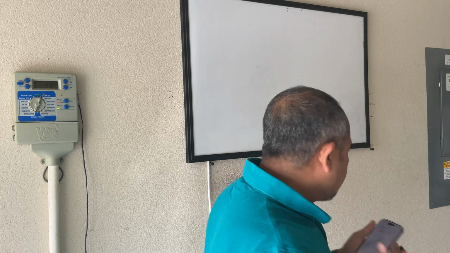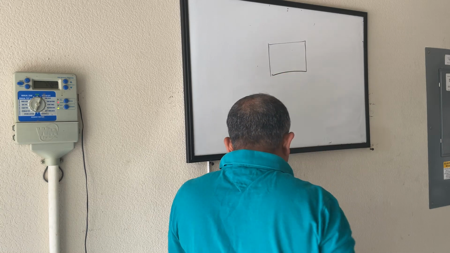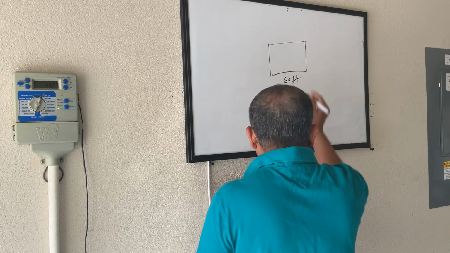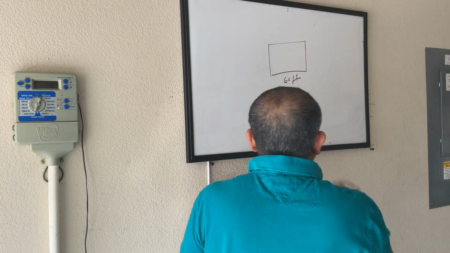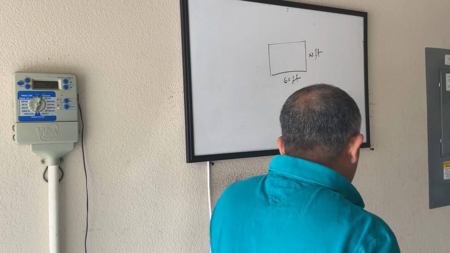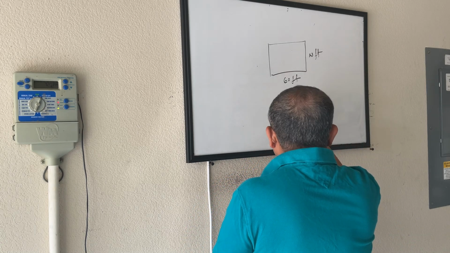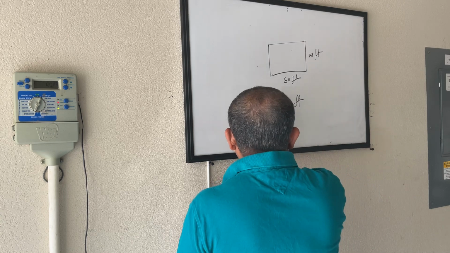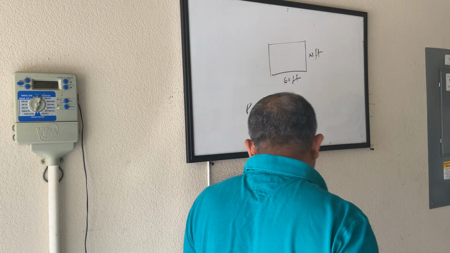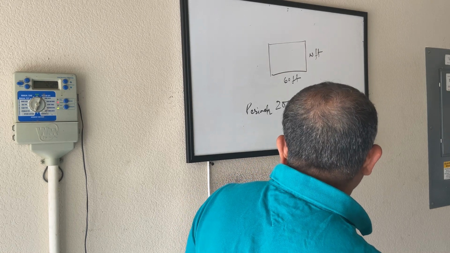A rectangular garden has a length of 60 feet and a width of W feet and a perimeter of 200 feet. This is the perimeter. Which of the following equations best models the garden's perimeter?